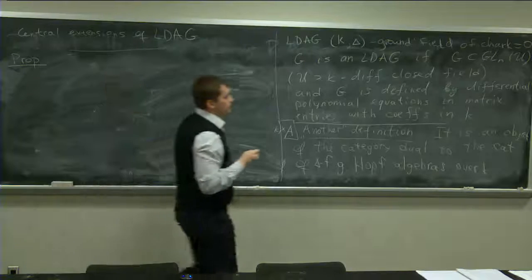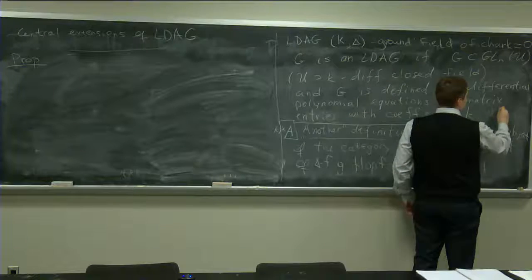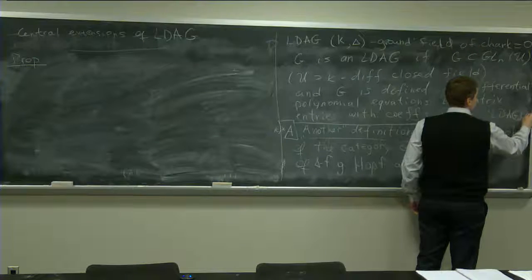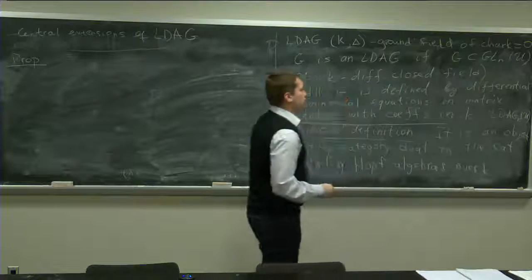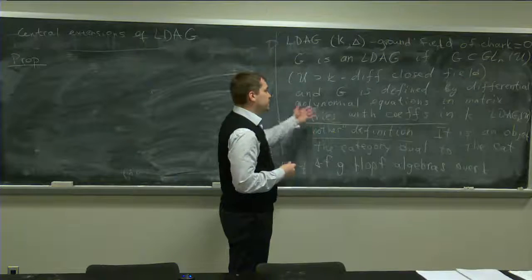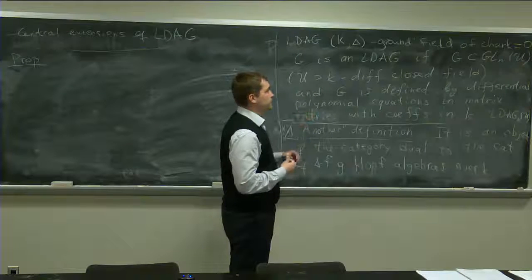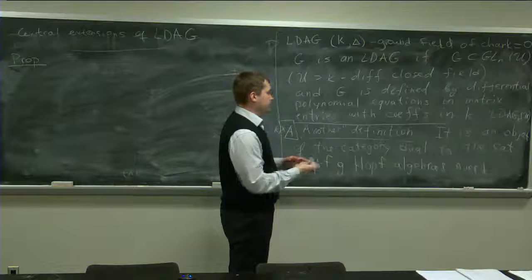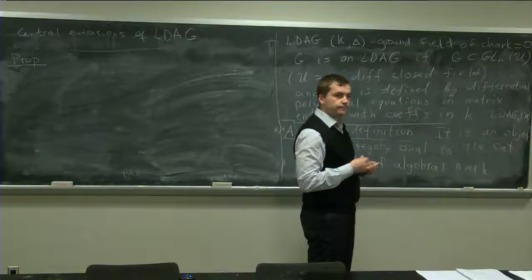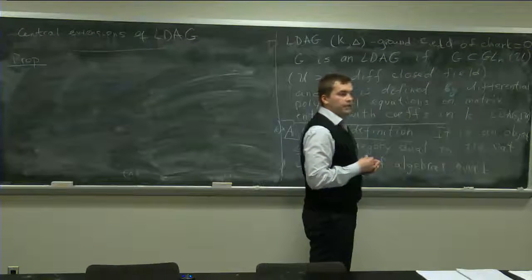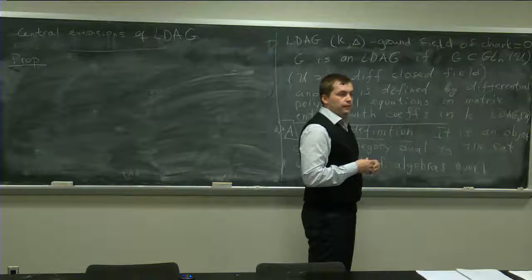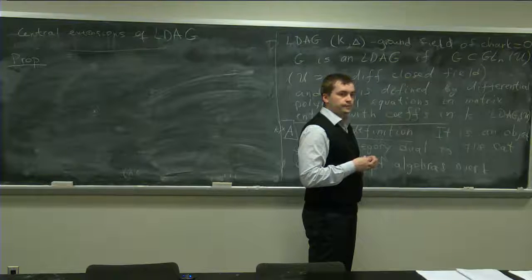Let us denote this category by a small letter, sub k of U. I didn't mention the morphisms, but in this case they should be given by differential polynomials in matrix coefficients, in Yij and 1 over det.